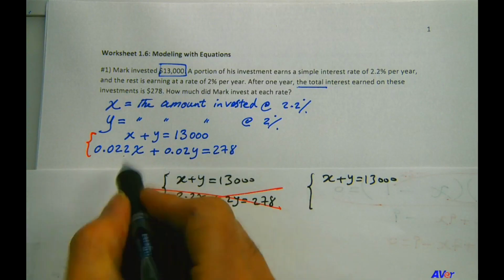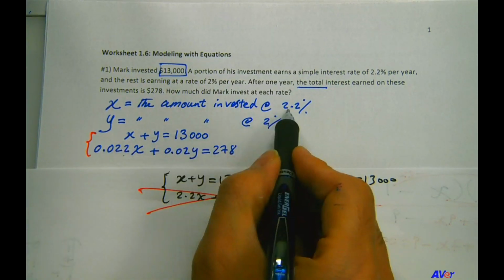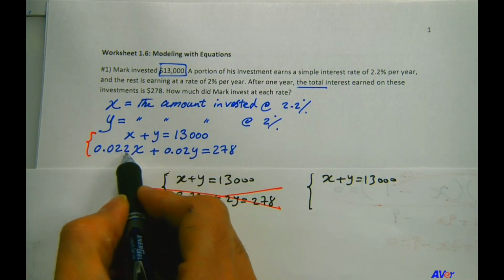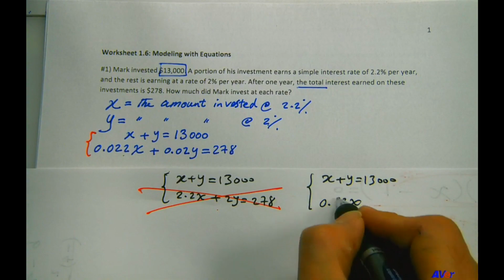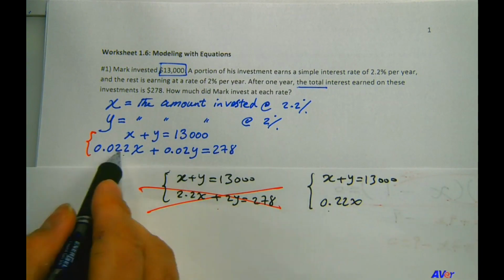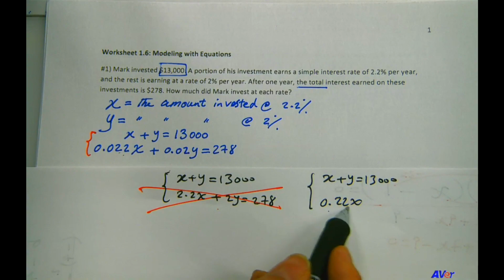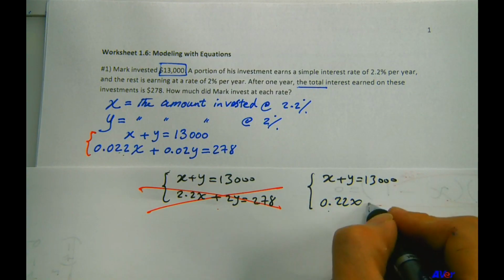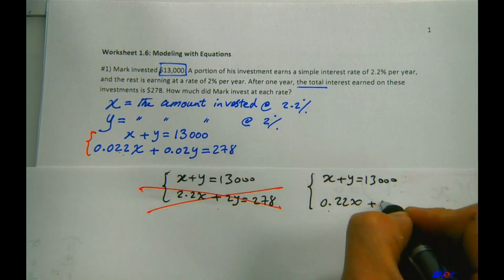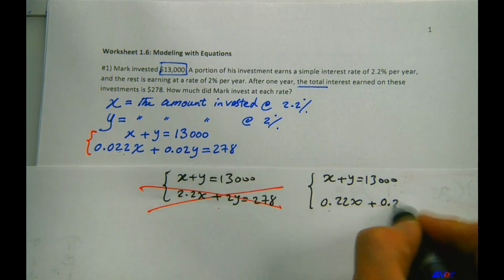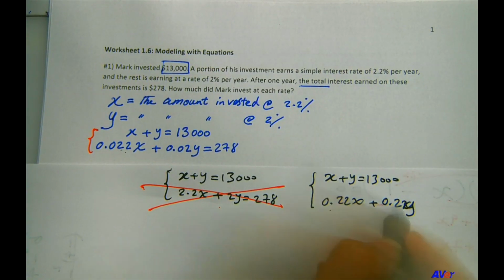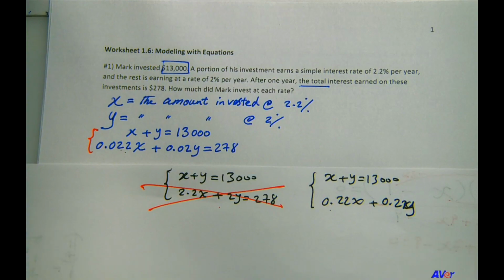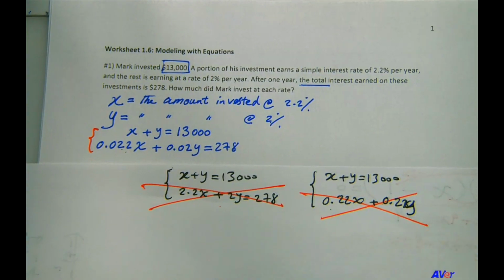So instead of saying 2.2% is 0.022, they write 0.22x. Compare that with that. So this is 22%, not 2.2%. And the other one, the 2%, they write 0.2y. So that's 20%, not 2%. So once again, they are not correct in doing that.